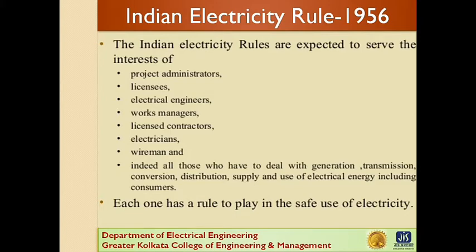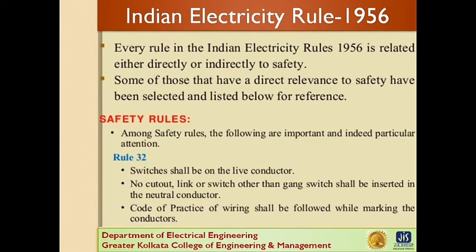Each one has a role to play in the safe use of electricity. Every rule in the Indian Electricity Rules 1956 is related either directly or indirectly to safety. Some of those that have a direct relevance to safety have been selected and listed below for reference.